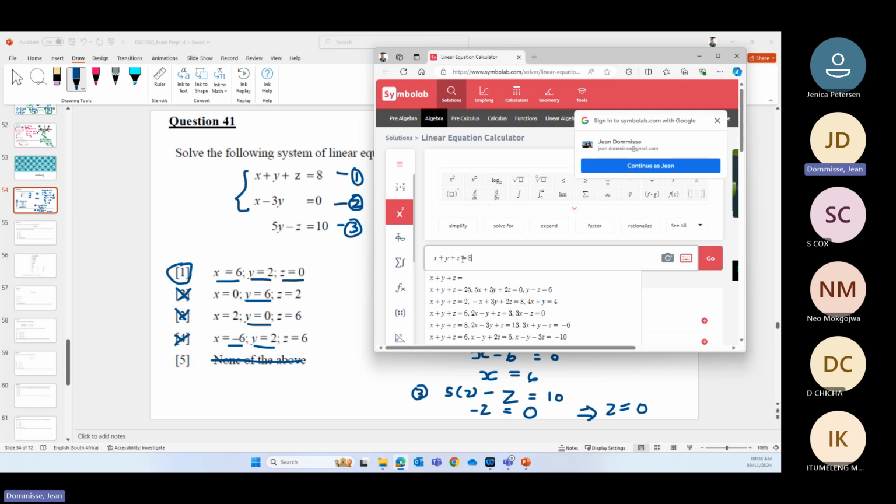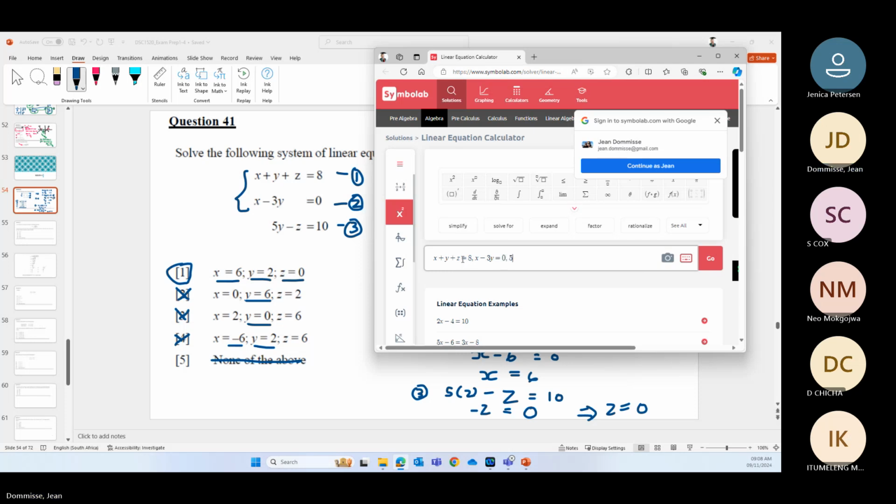Well, you can't use it in the exam, but you can use it to practice and see where you might have made a mistake if you're not getting it, or you want to see the steps.